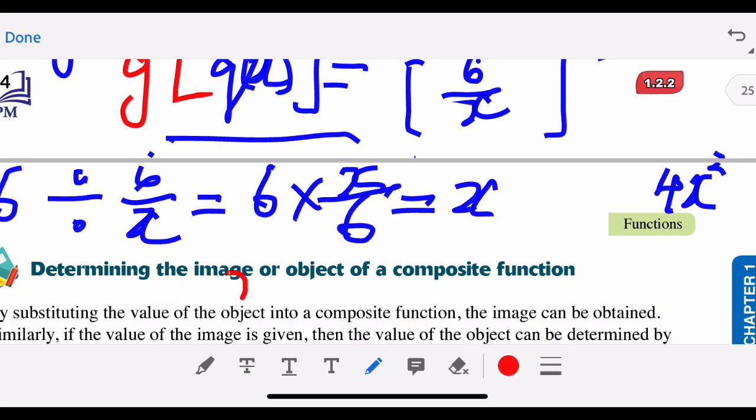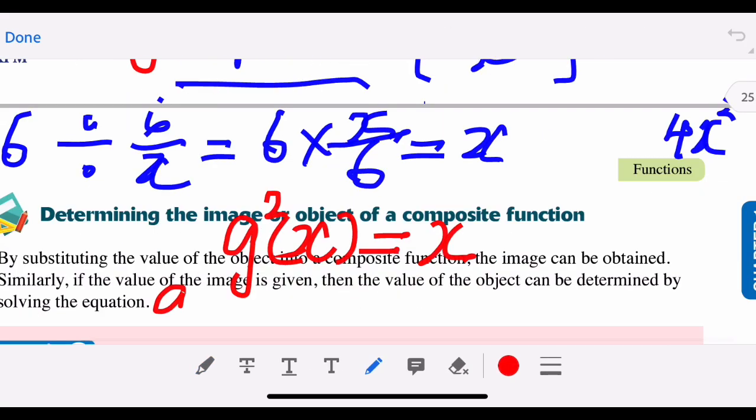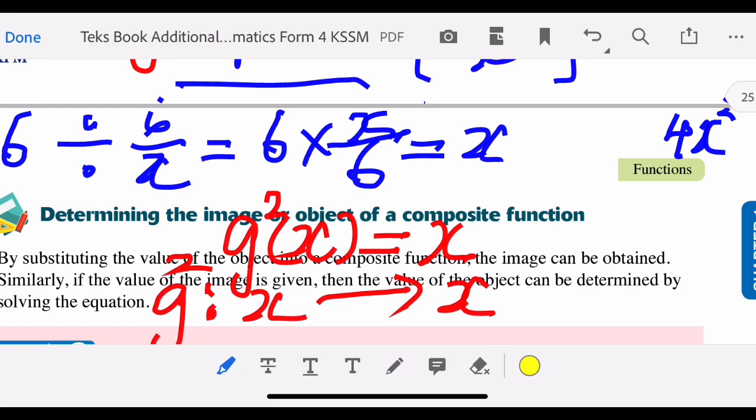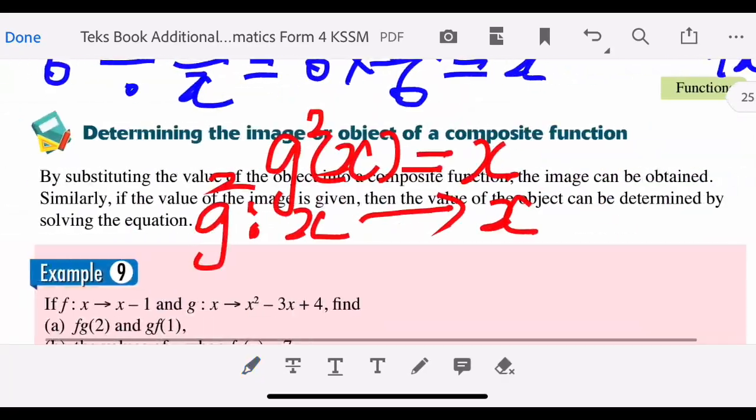So g2x is equal to x. You can also write g2 maps the x to x. Alright, okay, so I have discussed almost all the questions for composite function.